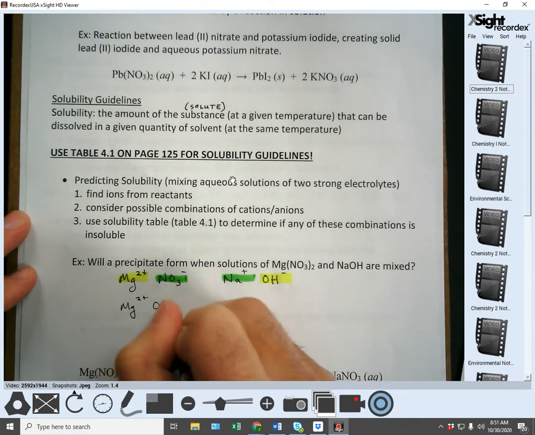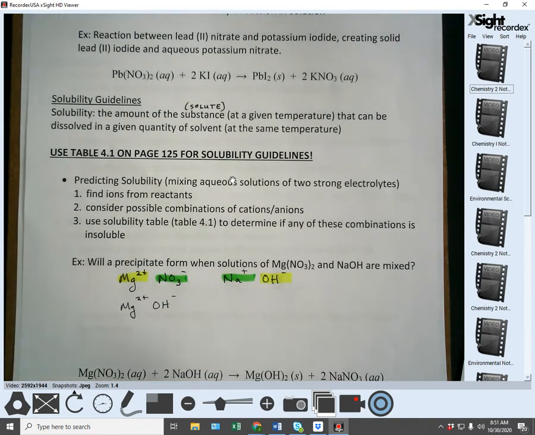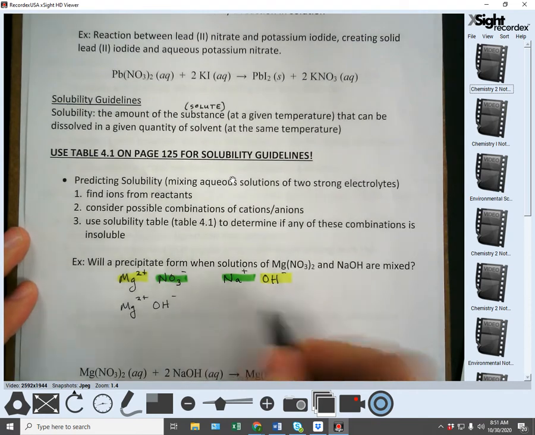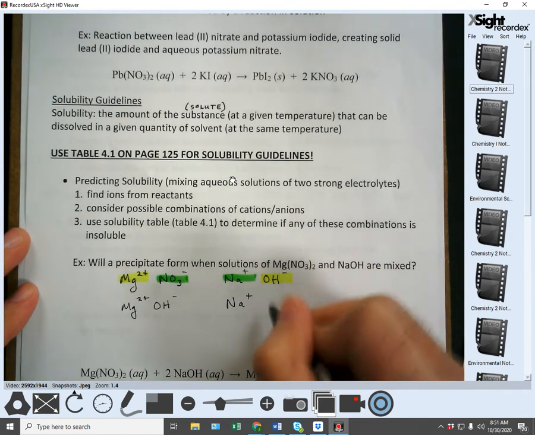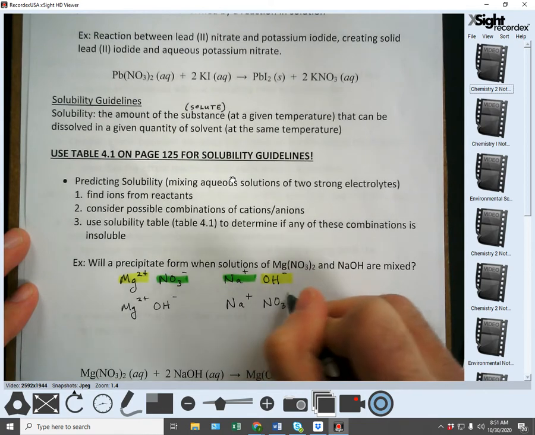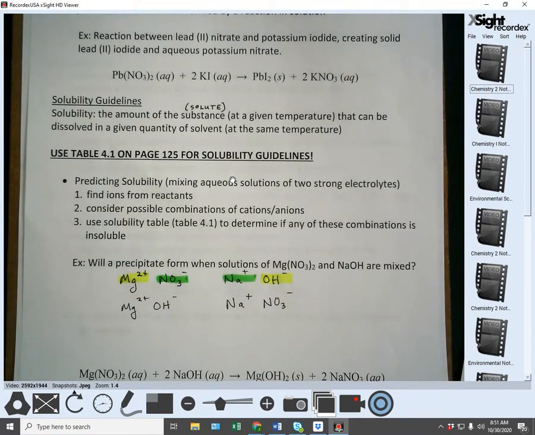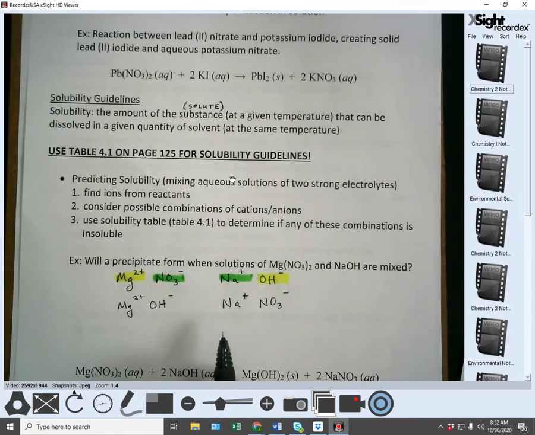This is essentially like a double replacement reaction. If it's just asking you to figure out if a precipitate will form, you don't even need to form the compounds, because you're just looking at the comparison.